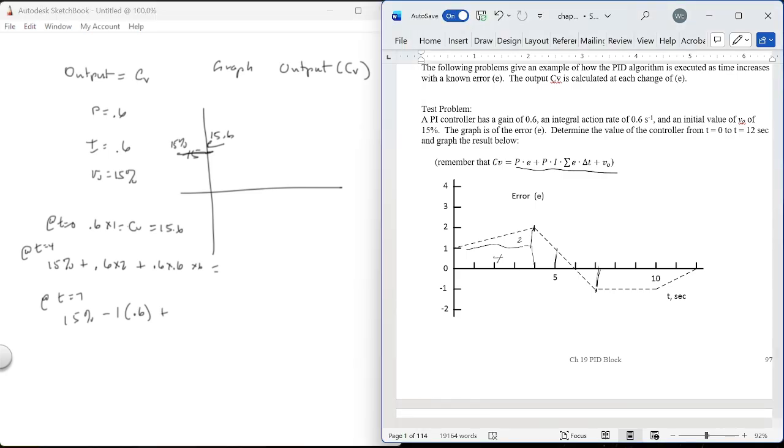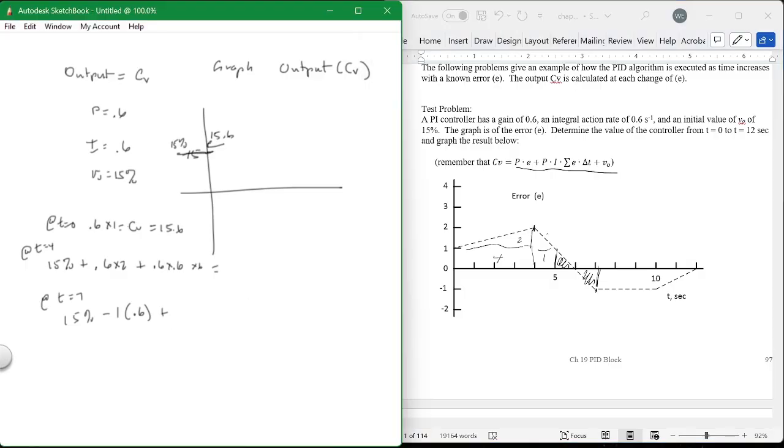Well, this little piece cancels out, so there is nothing there. And this was 6 plus another 1 plus another 1/2, so it's 7.5. 7.5 times 0.6 times 0.6, which is equal to a number. Now you can figure out what the output is at t equals 7. Okay?